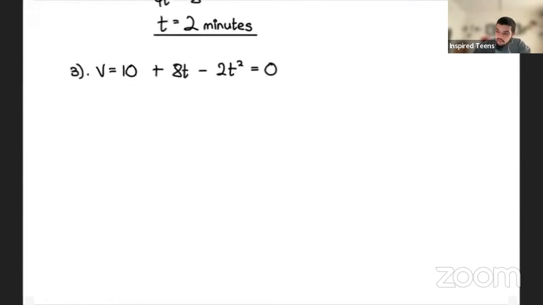So we equate this to 0, and let's just rearrange it. We can divide everything by 2, or negative 2 even.